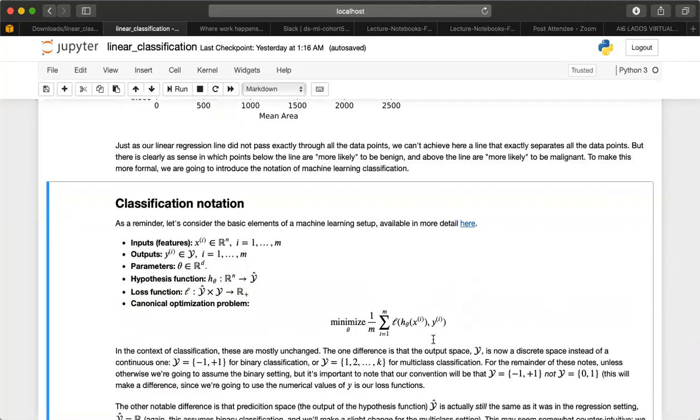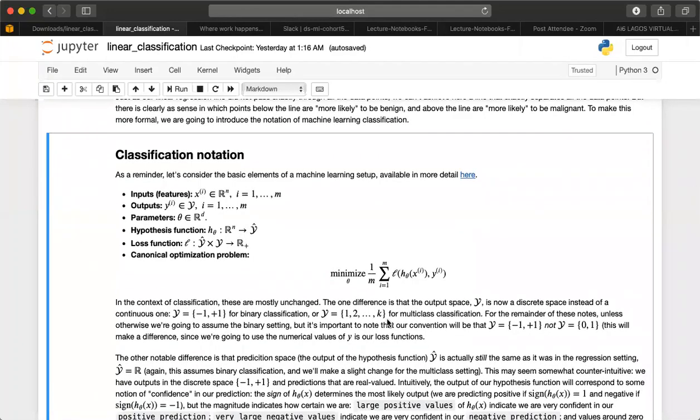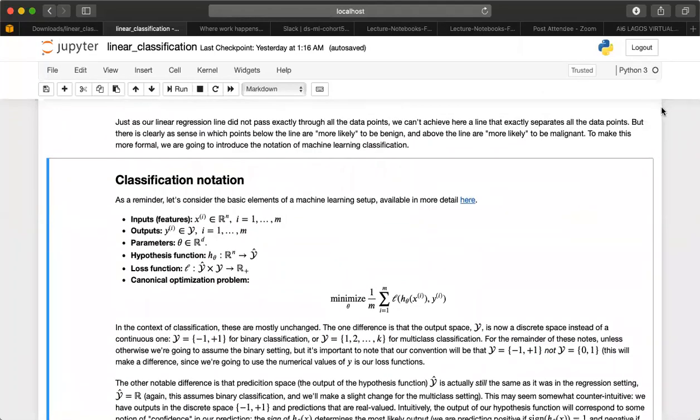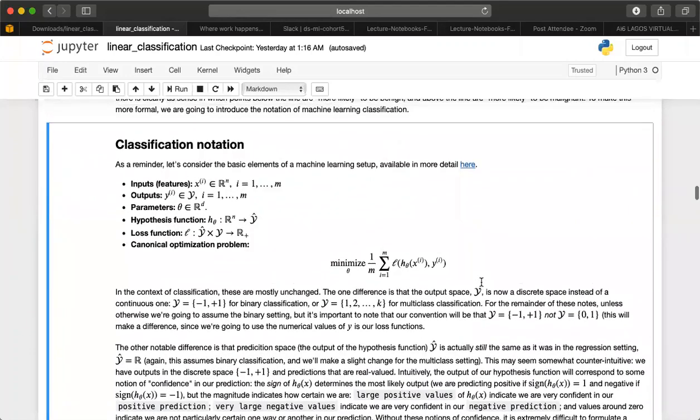But for this class, the professor used a different convention, where he used -1 and 1. This is what he used throughout the course, so it's best we just follow his convention.